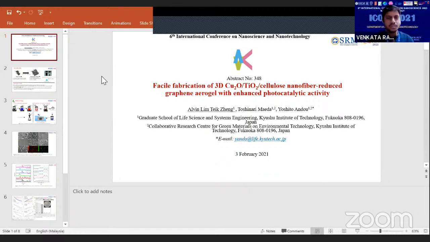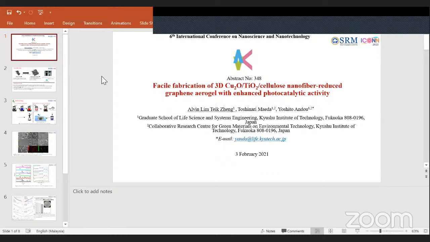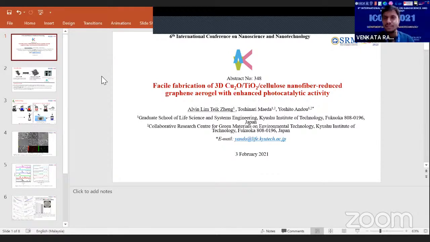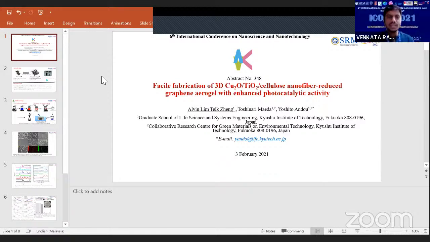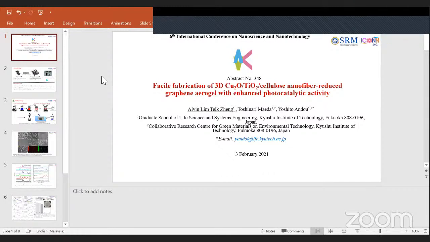Since you have incorporated Cu2O onto TiO2, the band gap will definitely change. It would be somewhere in between that of Cu2O and TiO2. Correct. So I would also recommend you find the band gap so that you can try whether you can use this material for visible light photocatalytic applications. Yeah, thank you so much for the really good suggestion.